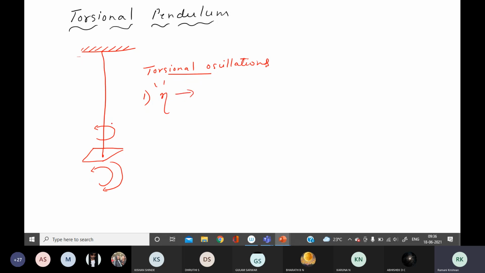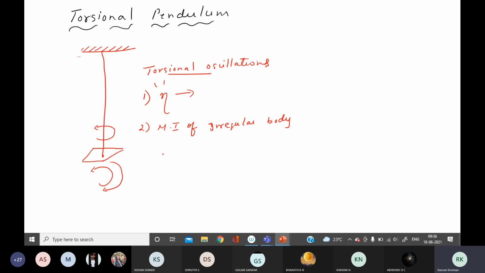We can find the rigidity modulus of the given material, and the second thing, we can find the moment of inertia of an irregular body. Normally for regular bodies with definite shape like a circle or rectangle, the expressions are there.